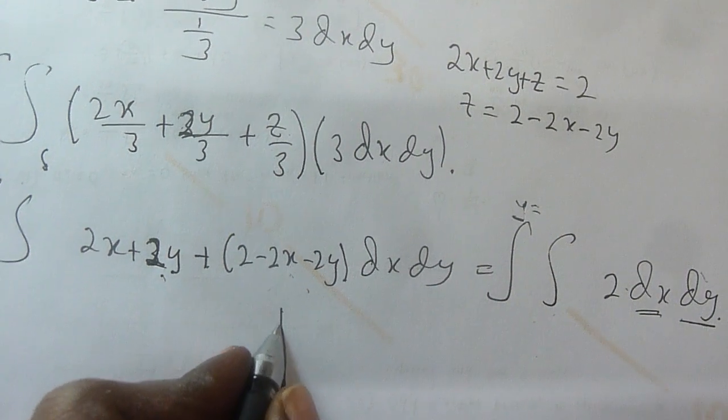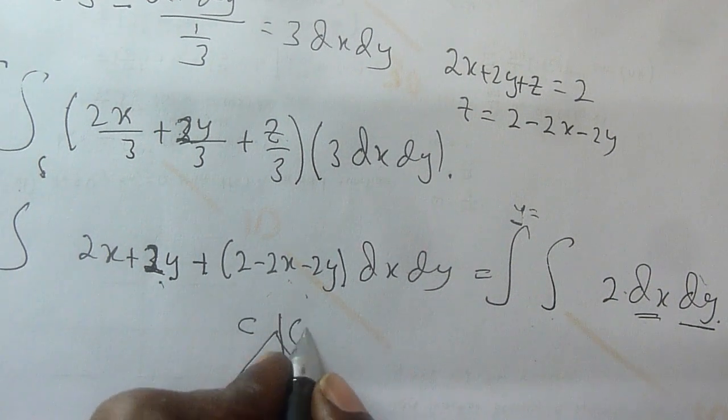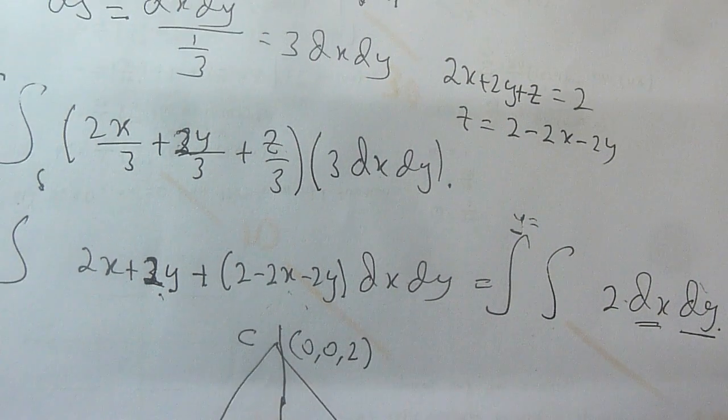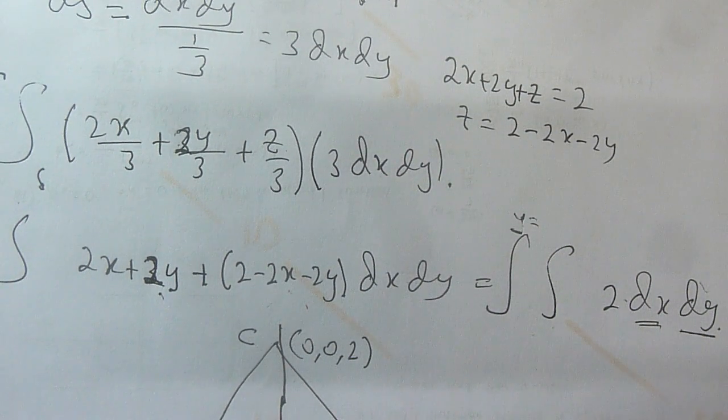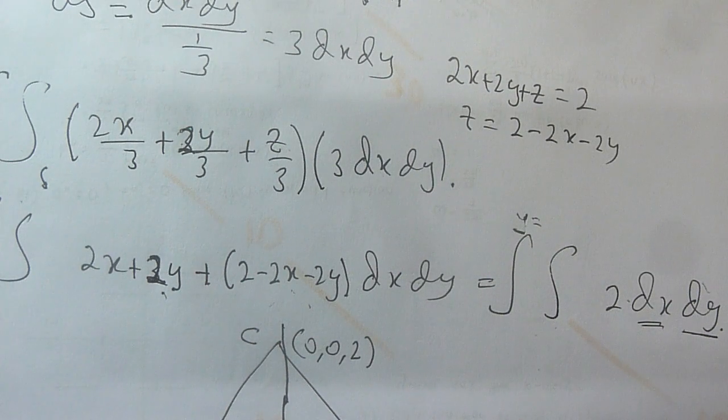I know it's not good to see all this again. Okay, let me follow A, B, C: (0, 0, 2), (0, 1, 0), (1, 0, 0).